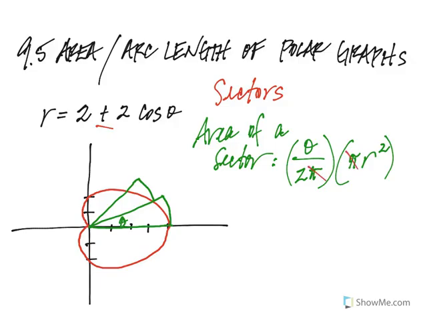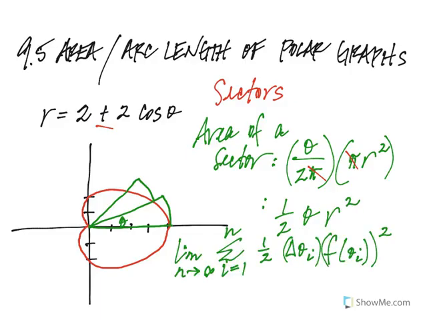Those pi's cancel, so the area of my sector can be reduced to 1/2 times theta times the radius squared, which could be generalized using summation notation. Don't panic, we're not going to have to use that. As 1/2 the change in theta of the ith interval times f of theta i, the radius at the ith angle, that quantity squared.